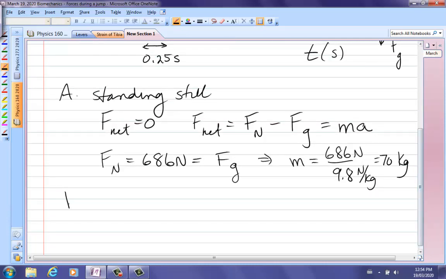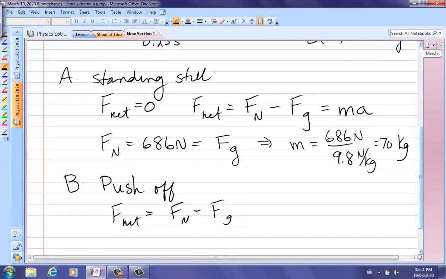Okay, part B is when you're pushing off in order to accelerate your body up so that you can leave the ground. So this is the push off stage. And once again, F net is still always normal minus gravity. But now you do have an acceleration because you're accelerating your body up. And the reading on the scale, you just read it right off the graph.